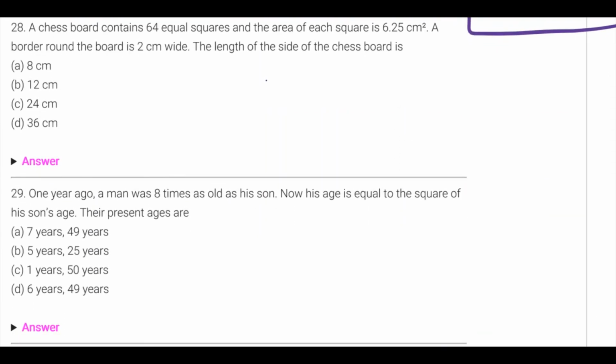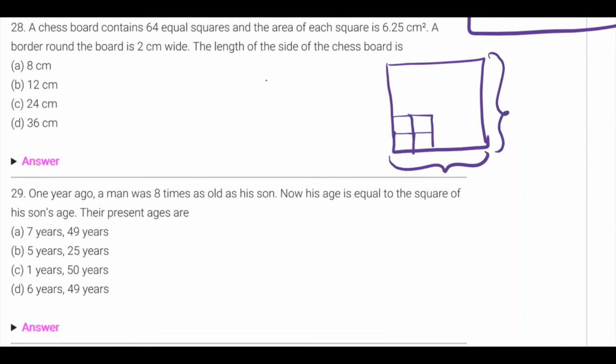Question number 28. A chessboard contains 64 equal squares and the area of each square is 6.25 cm square. A border round the board is 2 cm wide. The length of the side of the chessboard is. The chessboard is having 64 equal squares, in the sense each side contains 8 squares by 8 squares.